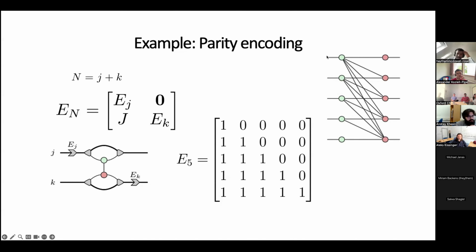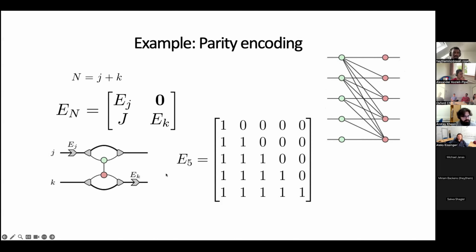So let's say you input the state x1, x2, x3, x4, x5. If you put it through this circuit, what you'll get out is x1, x1 plus x2, x1 plus x2 plus x3, etc. That's what this matrix does.